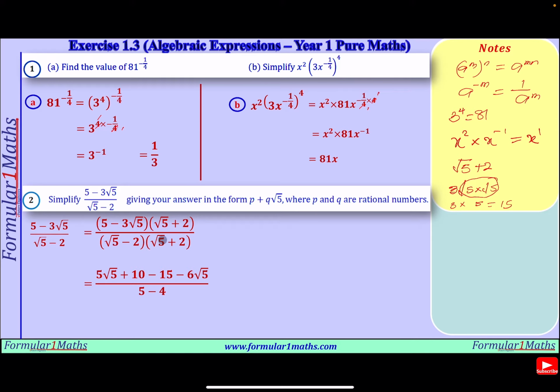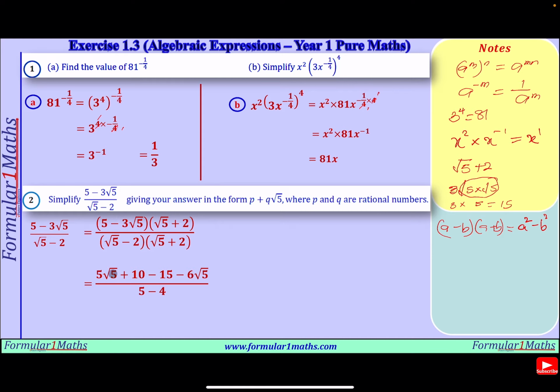The denominator is the difference of 2 squares. And let me remind you, a minus b times a plus b gives a squared minus b squared. So root 5 squared is 5 and 2 squared is 4.